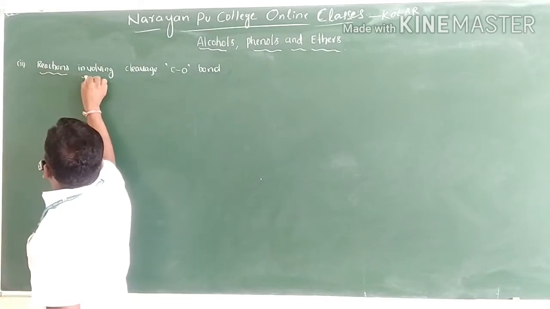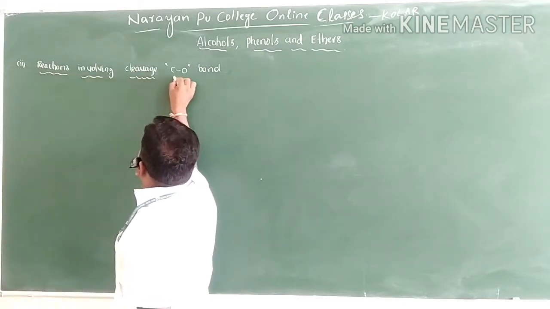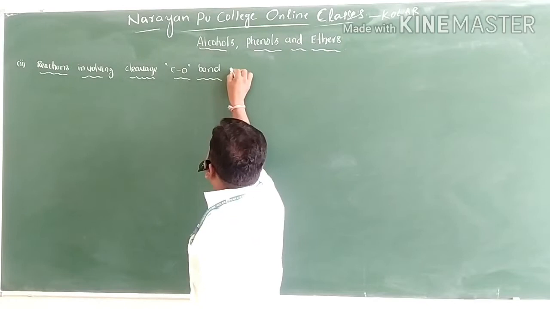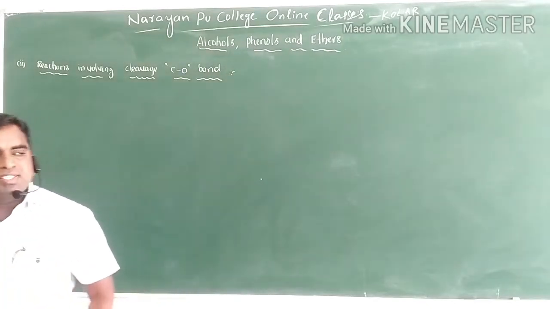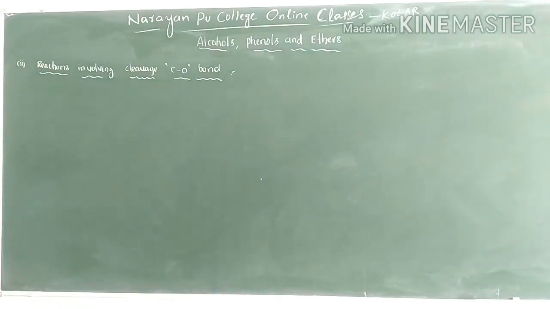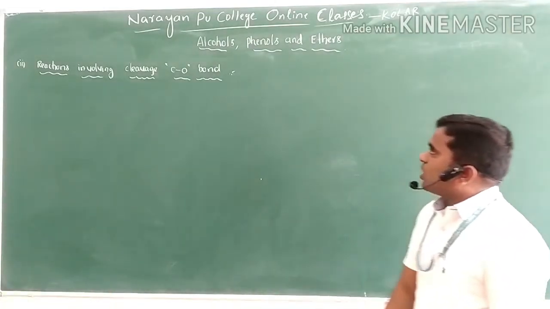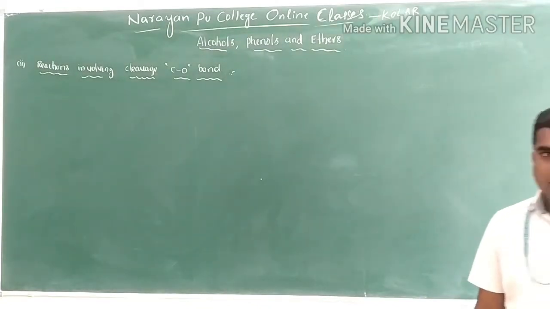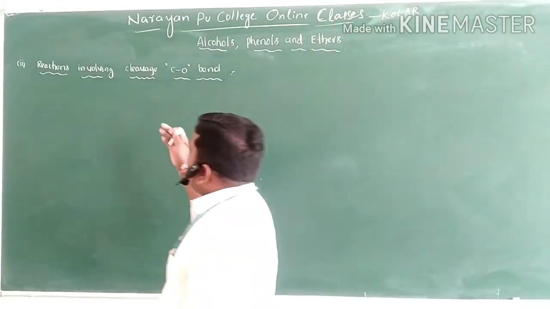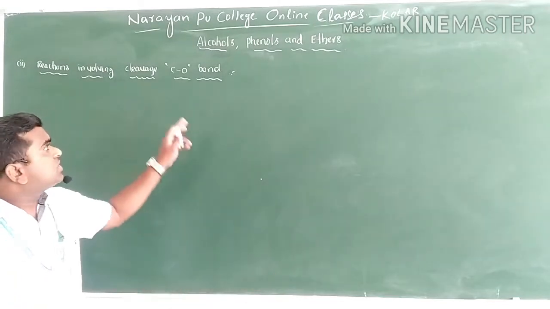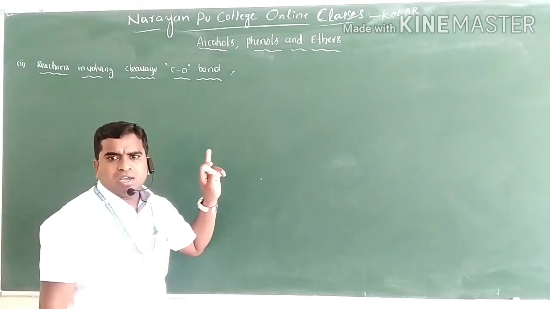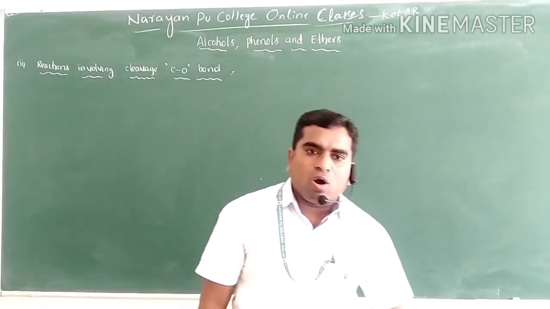I already mentioned the reactions of alcohols are divided into two types. One is the reactions involving the cleavage of the CH bond and OH bond, and the second one is reactions involving cleavage of the CO bond. Clear? The reactions involving the cleavage of the CO bond are mainly shown by alcohols.